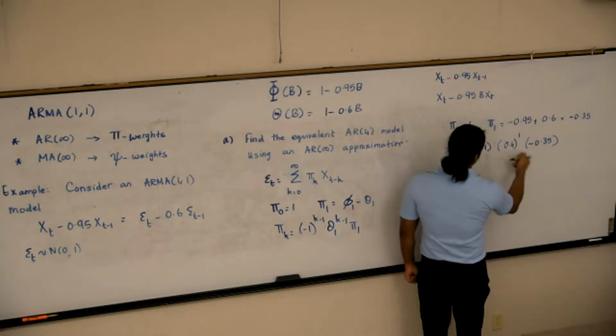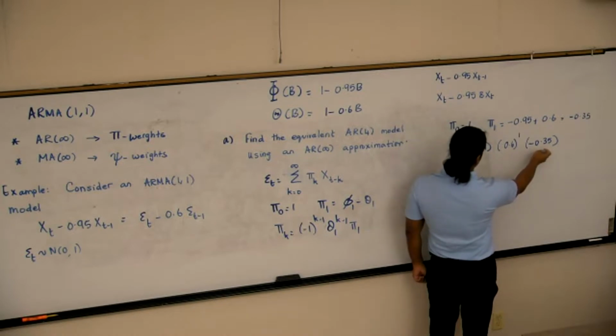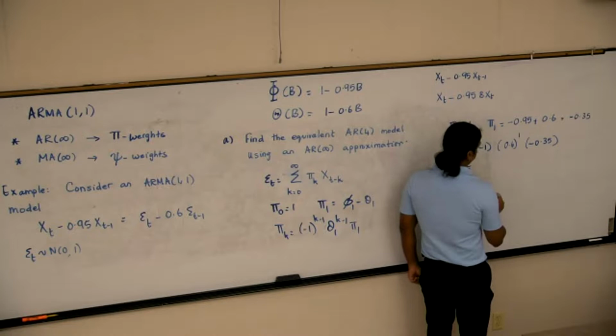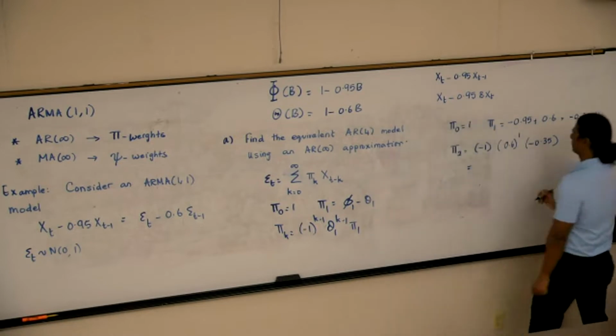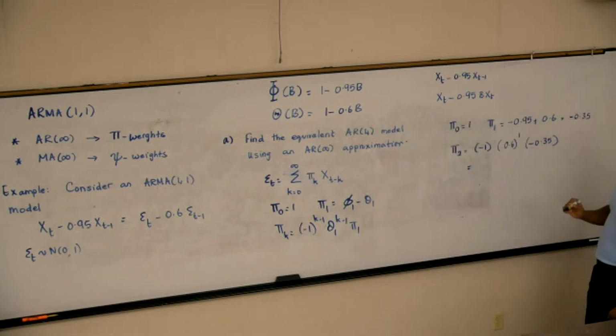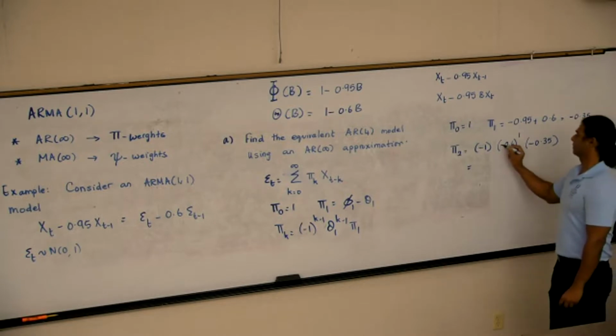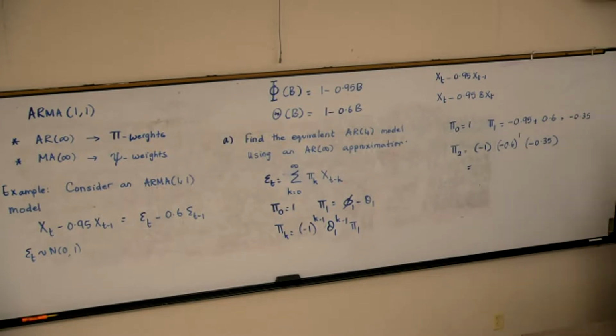So what do we get? Negative times negative is positive, 0.6 times 0.35. Wait, so would it be negative 0.6? Okay. So negative 1 times negative 0.6 times negative 0.35. Negative 0.21.